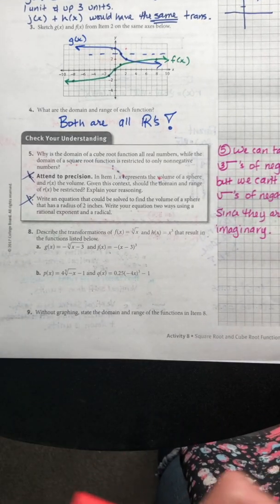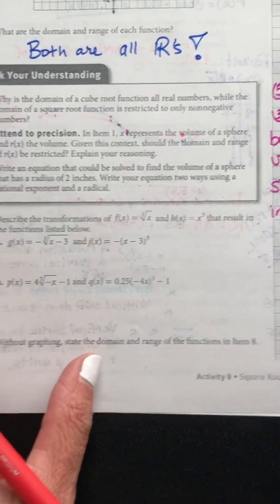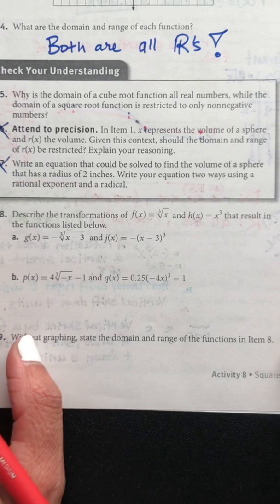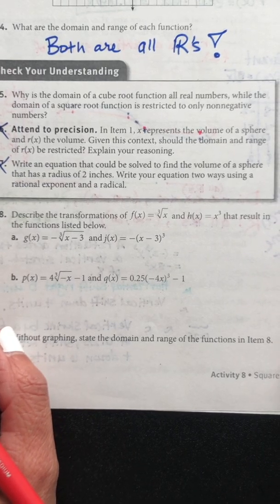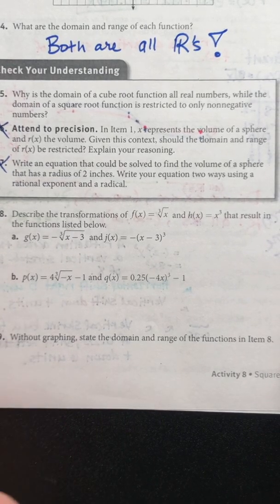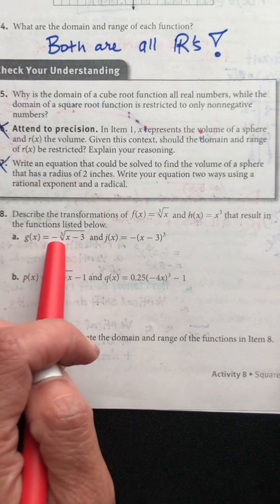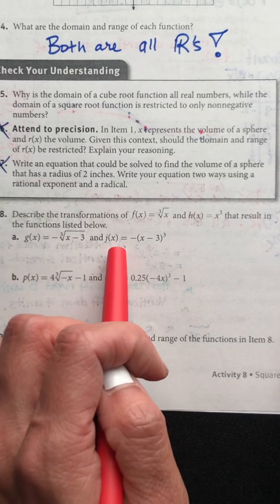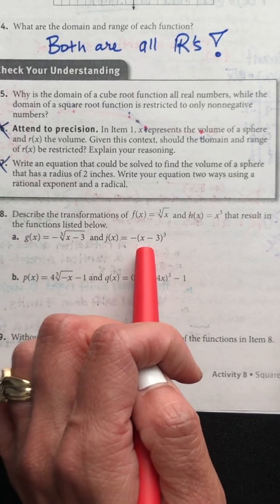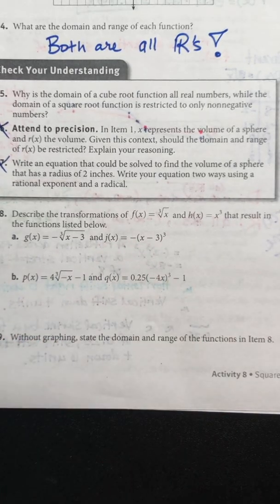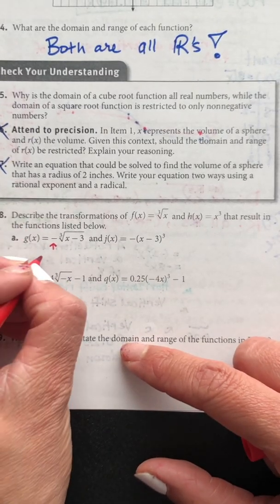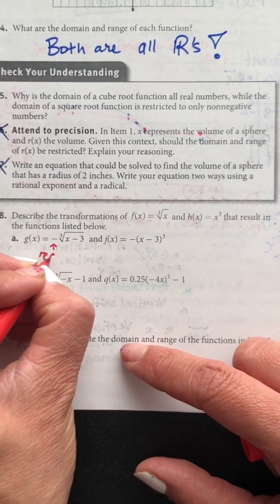Anyways, number 8. It says to describe the transformations of f of x equals the cube root of x and h of x equals x cubed that result in the functions listed below. So we have g of x equals negative cube root of x minus 3, and j of x equals negative x minus 3 quantity cubed. Well, we have a negative out front, so that means a reflection.